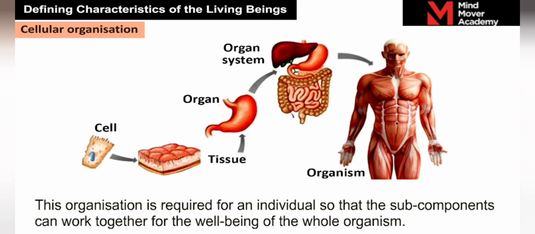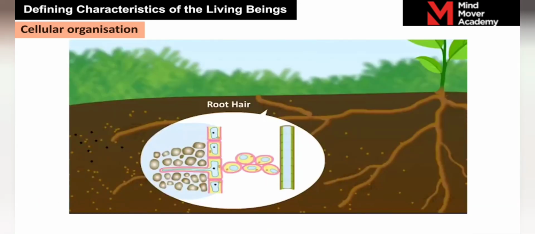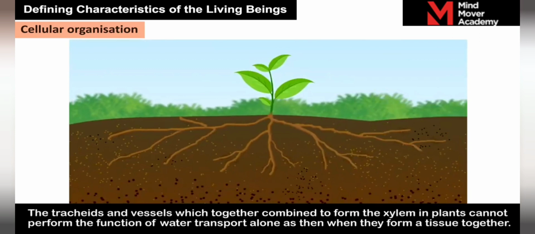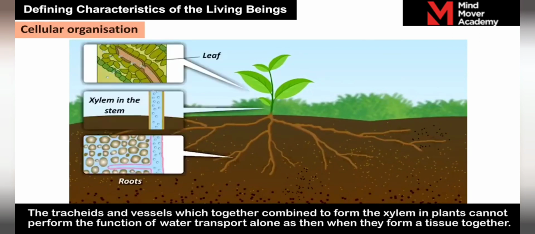Each level of organization has its own properties, which may not be found in its constituents. For example, a living cell has its own characteristics, which may not be found in its constituent organelles. The tracheids and vessels, which together combine to form the xylem in plants, cannot perform the function of water transport alone, but can when they form a tissue together.